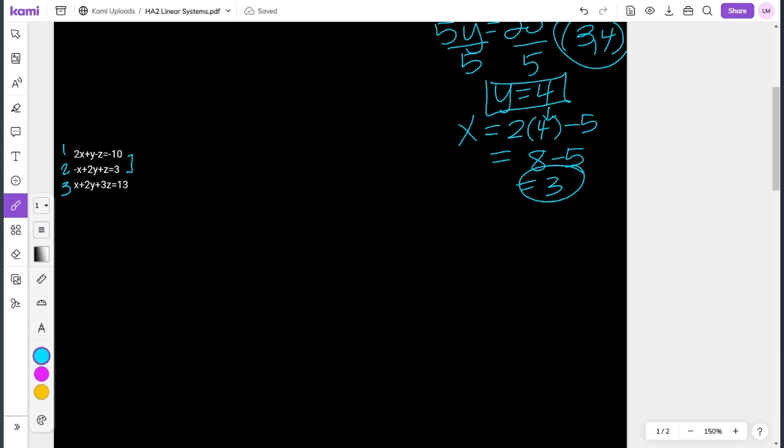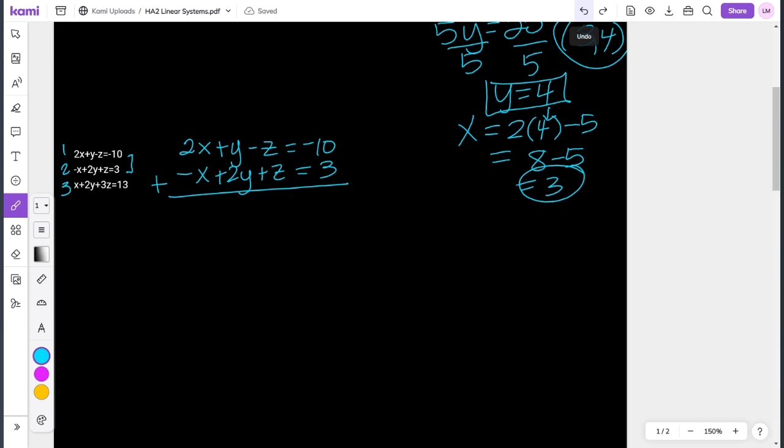So the goal is that when you add those variables together, you get 0. So I have equation 1 and equation 2, and I chose z because look what's going to happen when I add these together. Do you see I have minus z or negative 1z and a positive 1z? So that's going to make 0.